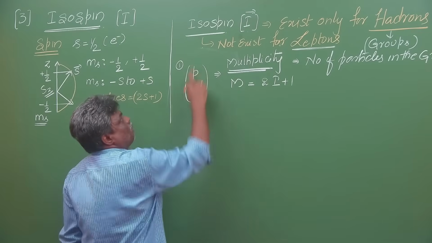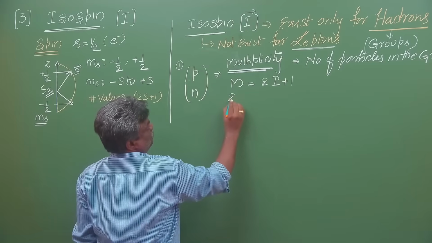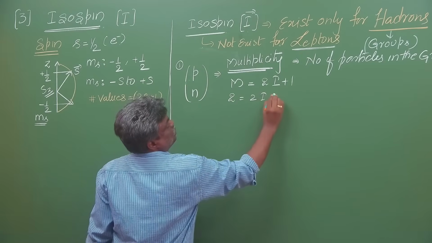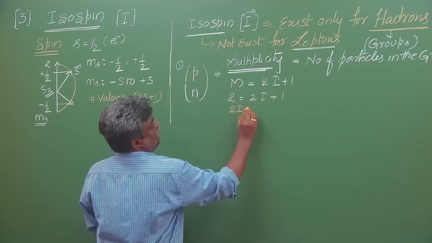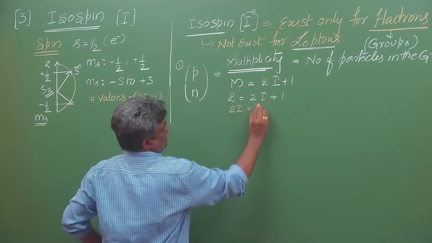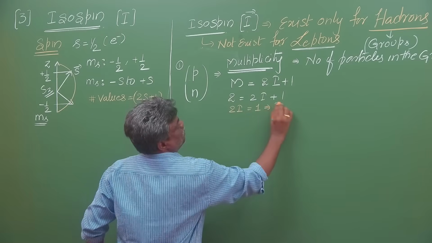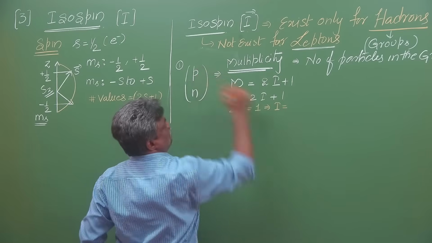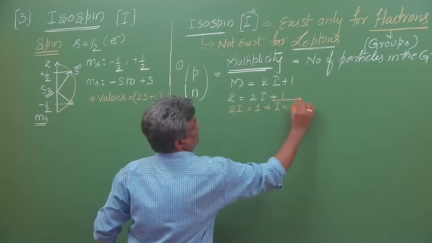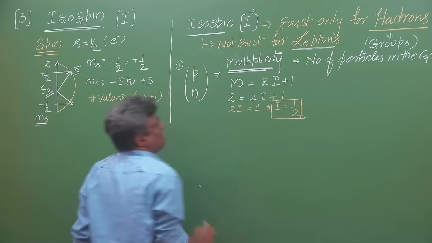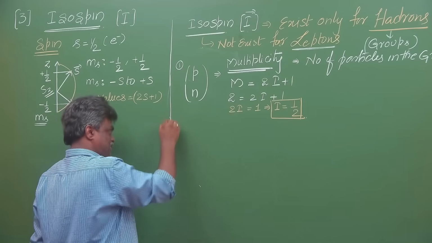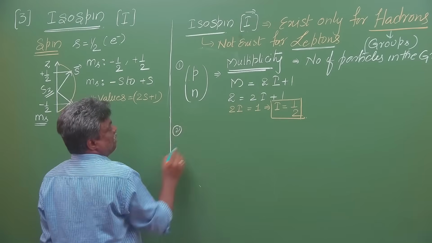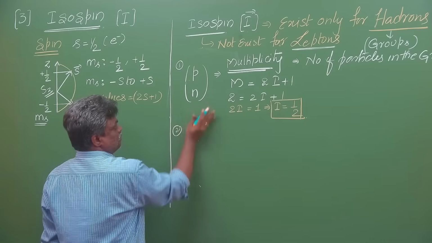Clear? How many here? 2, equal to 2I plus 1. Bring this one to this side, 2I equals 1. Could you please tell me what is the isospin for the proton neutron group? 1/2. Wait. Next one, I am taking a single group.